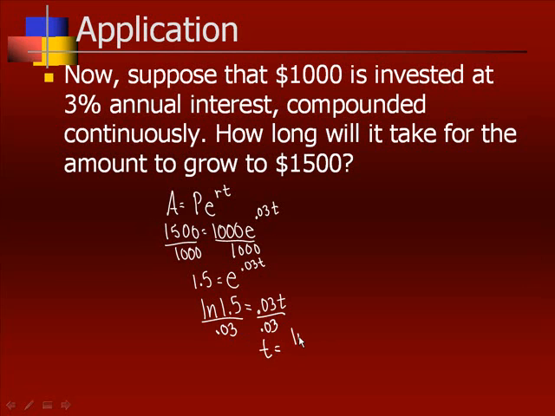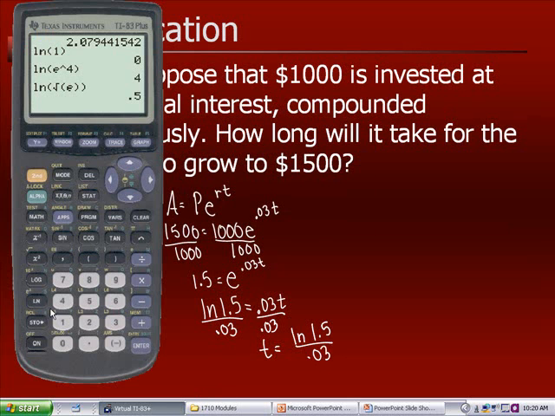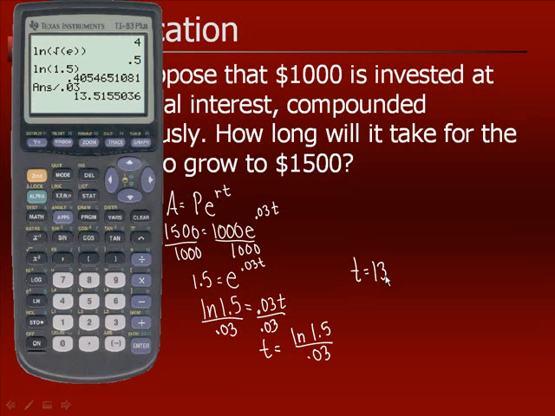That says t is equal to the natural log of 1.5 divided by 0.03. So on our calculator, we're going to do the natural log of 1.5 divided by 0.03, which would give us a time of about 13.5 years.